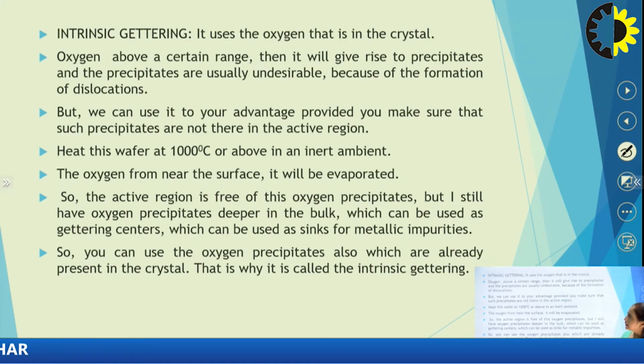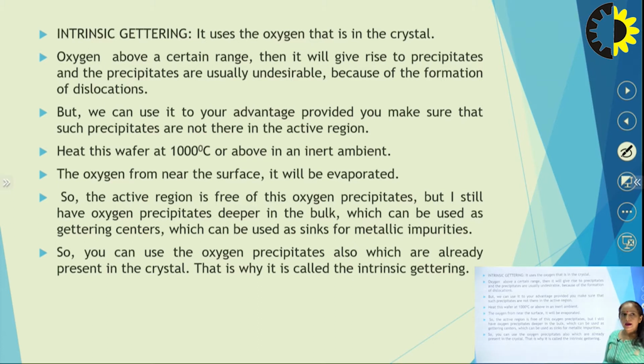Next is intrinsic gettering. It uses the oxygen that is already present in the crystal. We know that oxygen above a certain range will lead to precipitation, and these precipitations are usually undesirable because they will form dislocations. Okay, so we can use it to our advantage, but make sure that they don't precipitate in the active region.